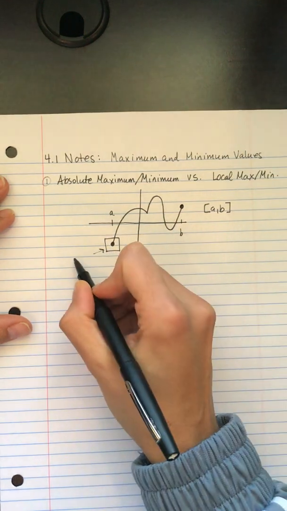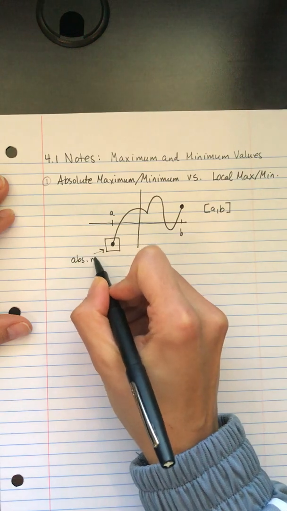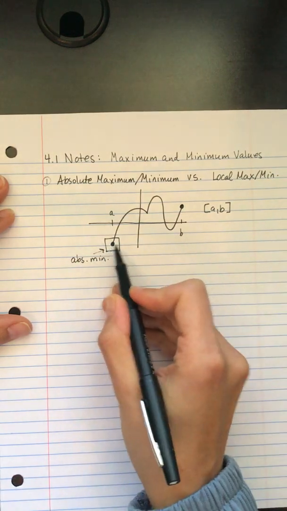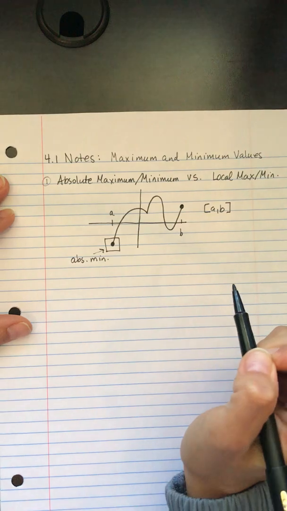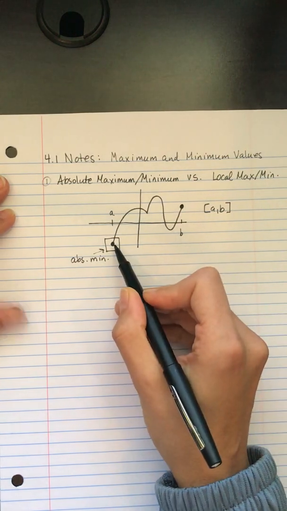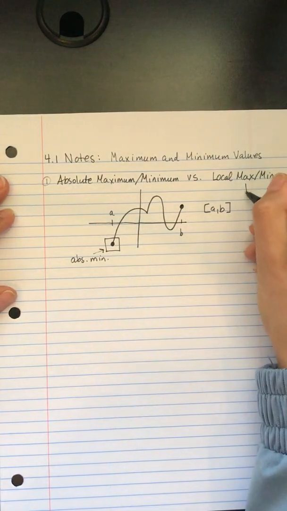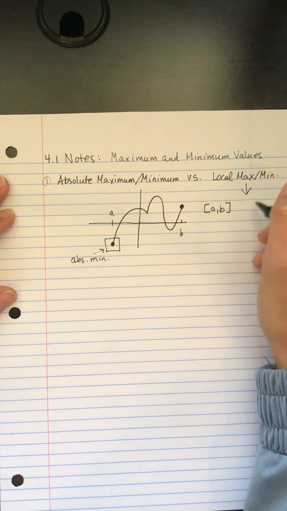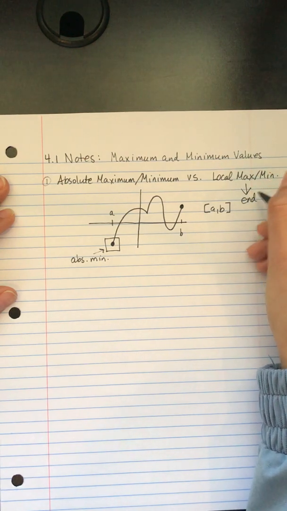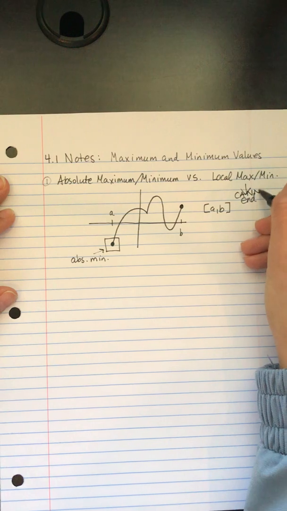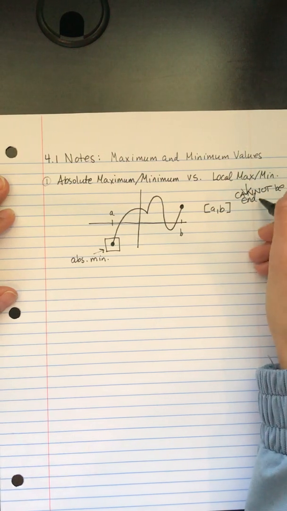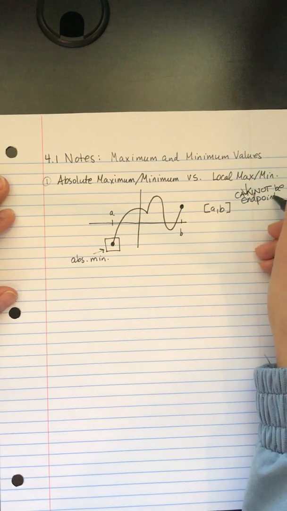that point would be an absolute minimum because there is literally nothing lower than this point in the graph. Is it a local minimum? No, because local maximums and minimums cannot be endpoints of the interval.